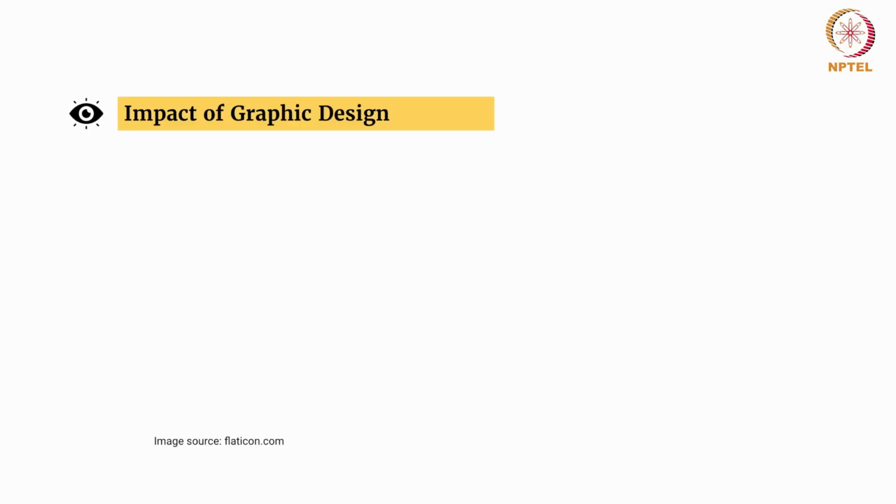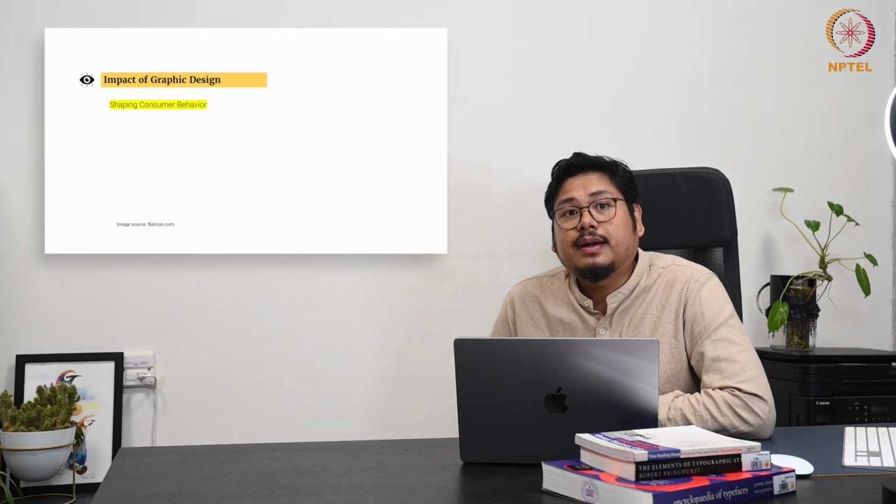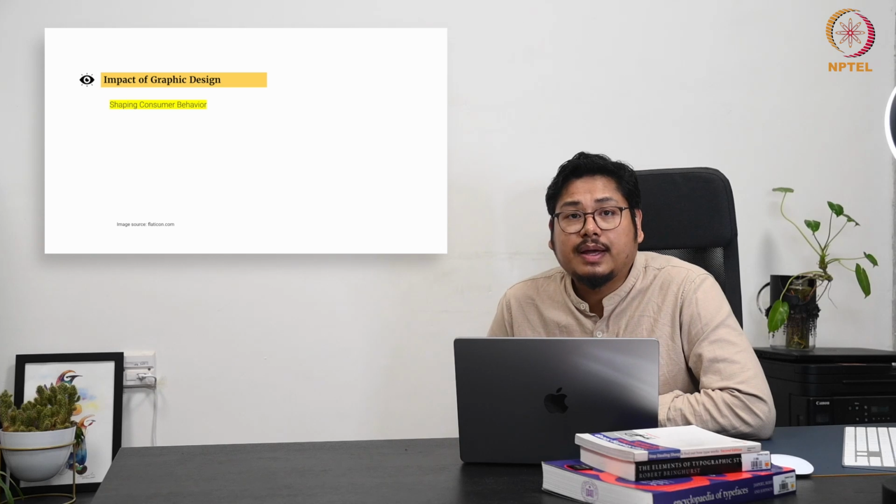Impact of graphic design. Primarily now we'll be talking about how graphic design can influence the environment. So, we'll go one by one. Shaping consumer behavior. Through advertising, branding, and digital marketing, graphic designers wield significant influence over consumer habits.